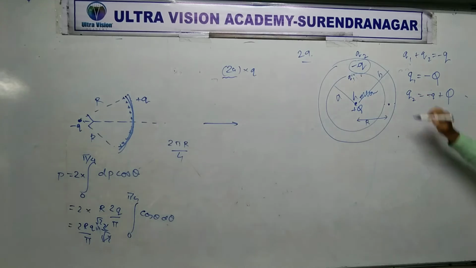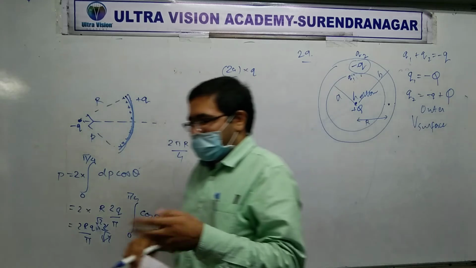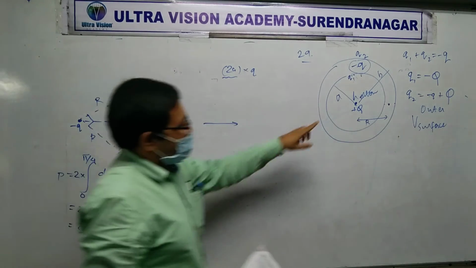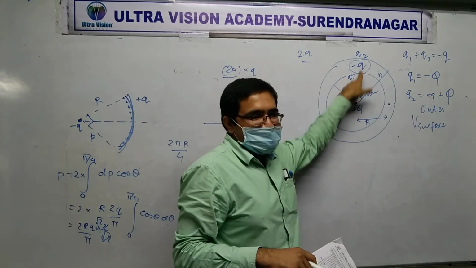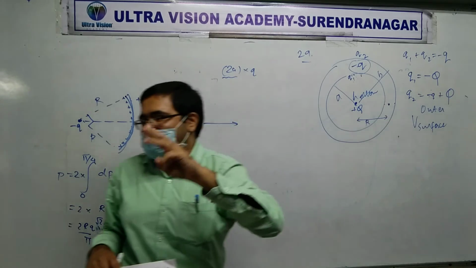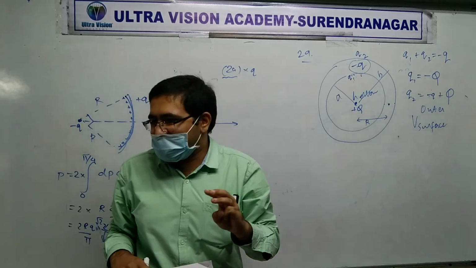So let's take outer. We'll just find out V on the outer surface. Okay? How many charges are there that will create potential? 3. Plus Q at the center, Q1 on the inner surface and Q2 on the outer surface. Clear or not? 3 charges are there.